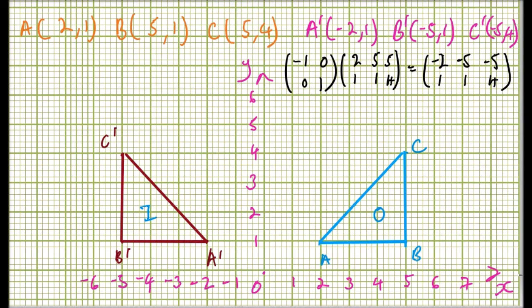The relationship between the object and the image is that triangle A'B'C' is a reflection of triangle ABC, and therefore we can conclude that the matrix (-1, 0, 0, 1) represents a reflection in the line y-axis, or the mirror line is the y-axis.